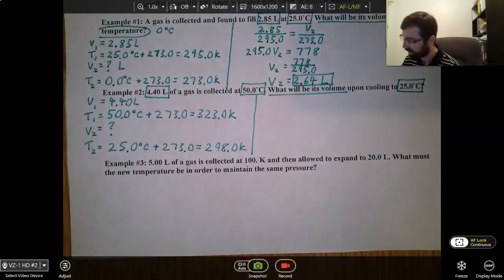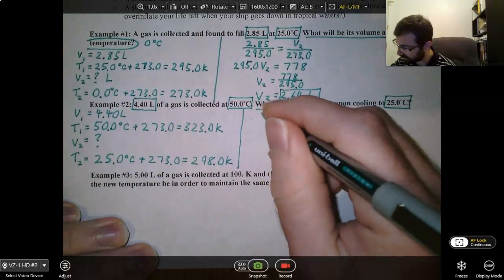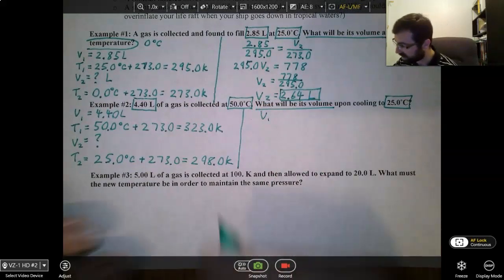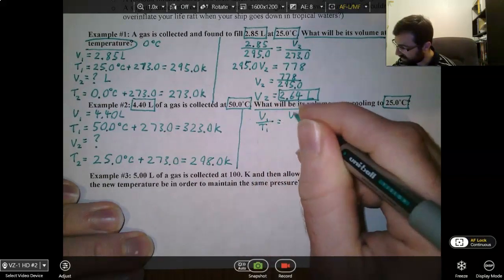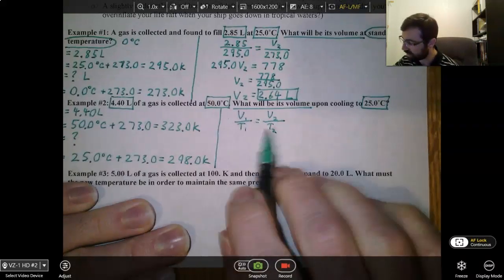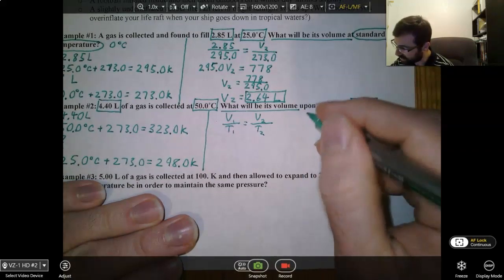All right, let's go ahead and set up our formula. V1 over T1 equals V2 over T2. I'm going to scoot over because I think I'm going to run out of room if I leave it right there. So V1 is 4.40 liters.